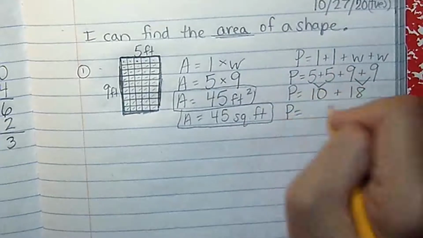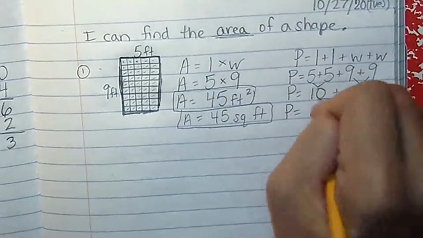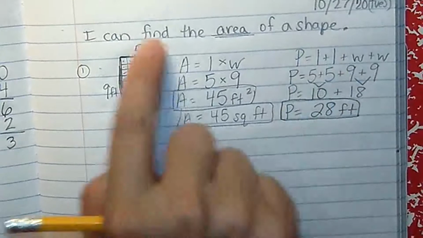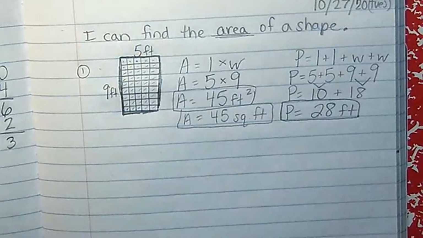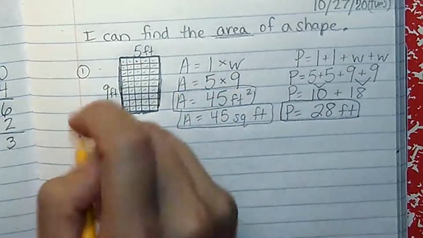The perimeter equals 28 feet. And they're just plain old feet because they're not counting squares. The perimeter, I'm just counting the edge. So are my area and my perimeter the same? No. So be really careful because the area formula will help you find your answer very quickly.